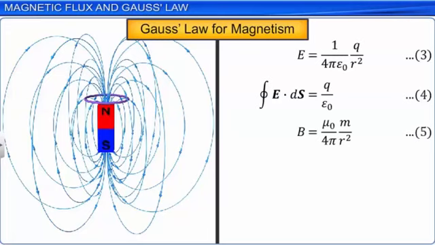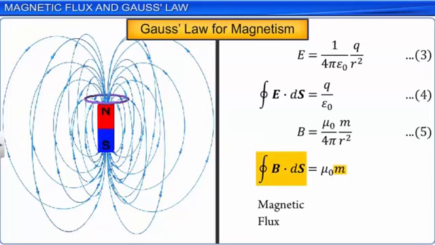By observing Gauss' law for electrostatics, we can write Gauss' law for magnetism as integral over a closed surface B dot ds is equal to mu naught times the net pole strength enclosed by the closed surface. Here, integral over the closed surface B dot ds is the magnetic flux, and m is the total pole strength enclosed by the closed surface.